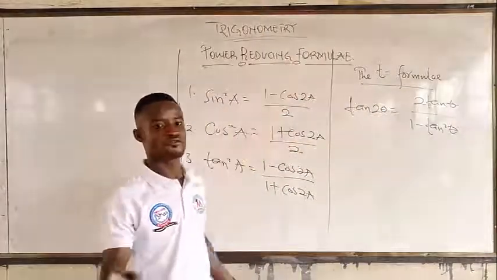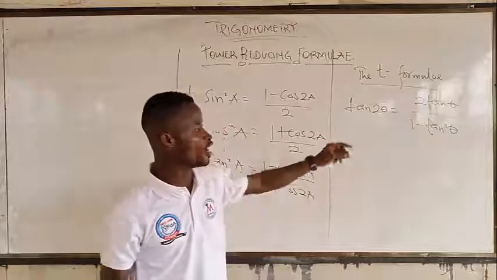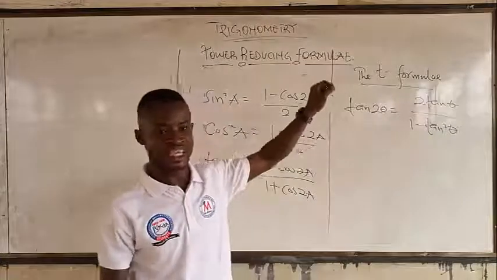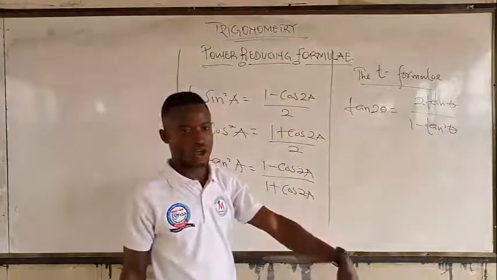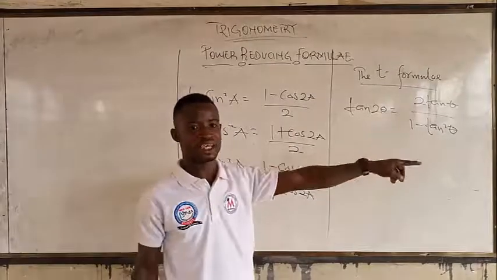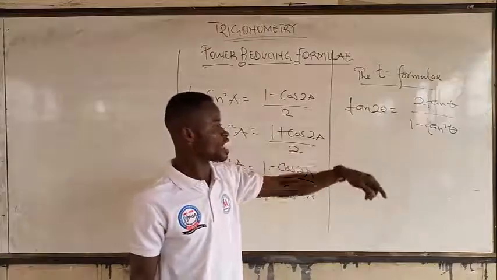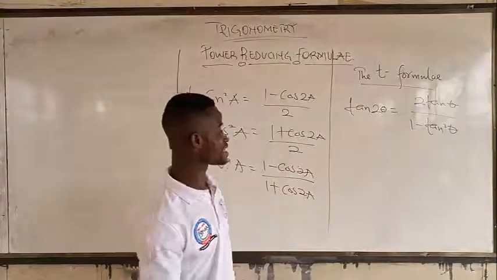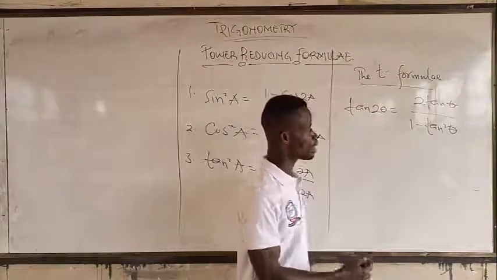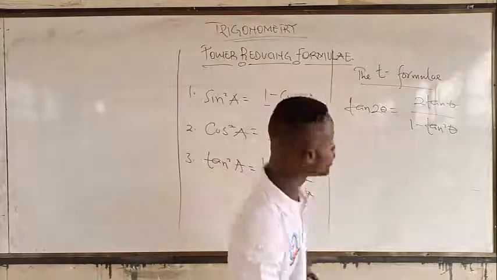Now with this, we are going to replace A with A over 2, or let me say, we are going to replace theta by theta over 2.